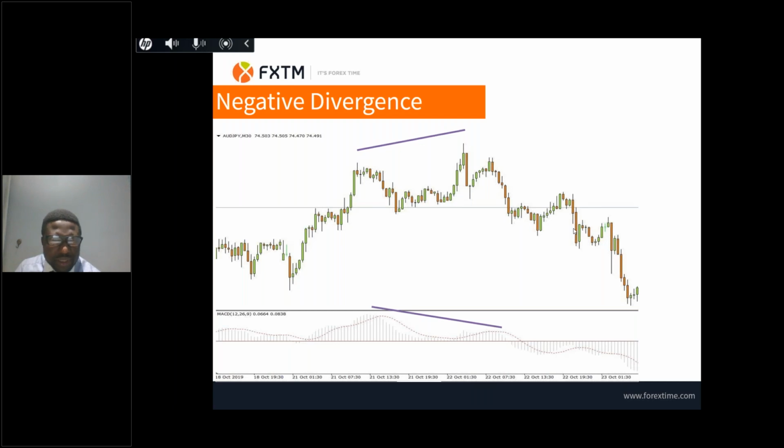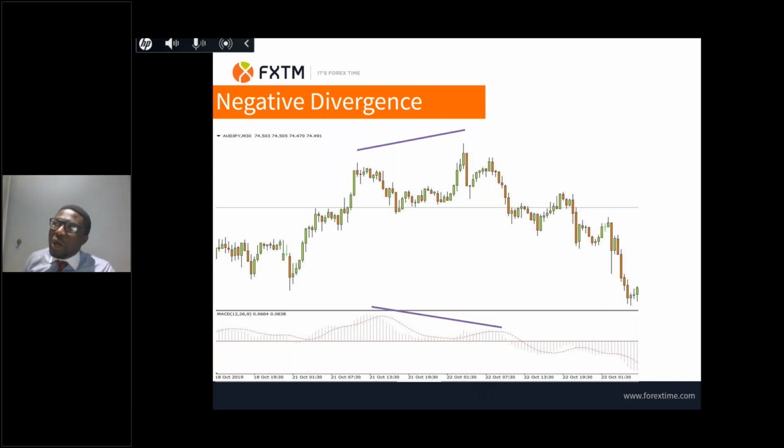Chris Ejim says, please take the definition of negative divergence again. Basically, negative divergence is a divergence of price and the indicator. This time around, the indicator is reducing or declining in value, while price is appreciating in value.